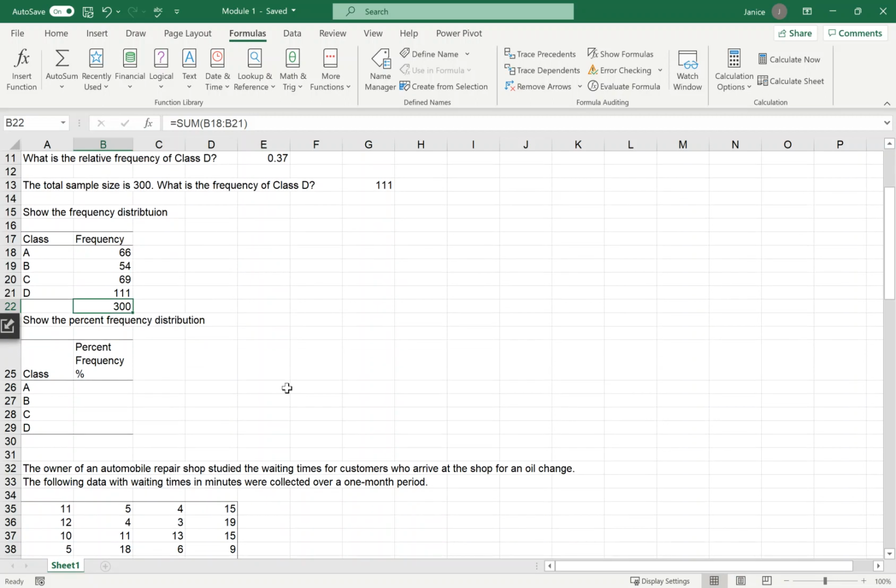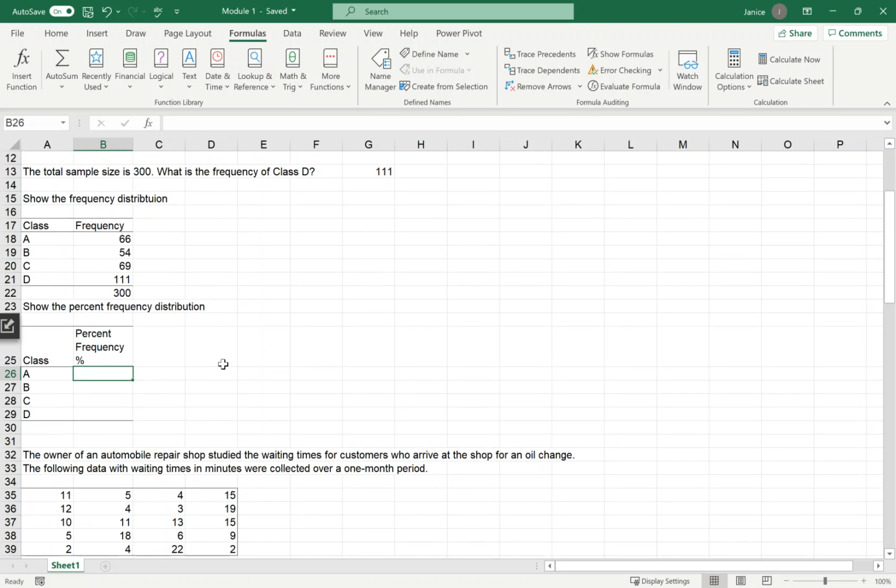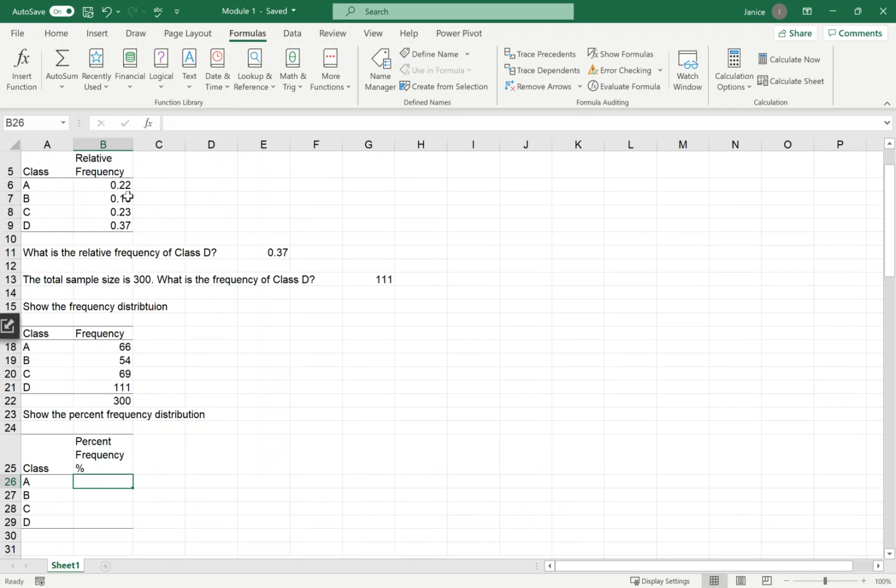So then it says show the percent frequency distribution. To do that, it's basically going to be these numbers times 100. Or we could do it the long way and do the opposite of what we just did and say 66 divided by 300 equals 0.22, but we've got to multiply that by 100 and we get 22.